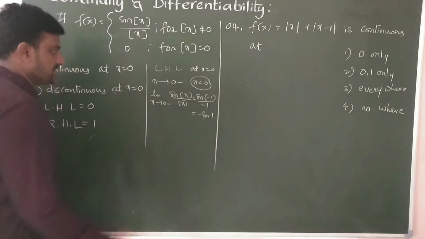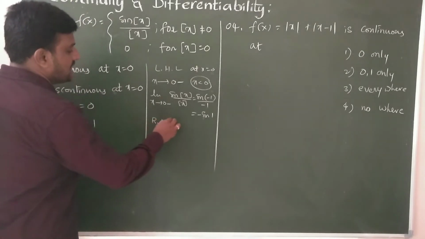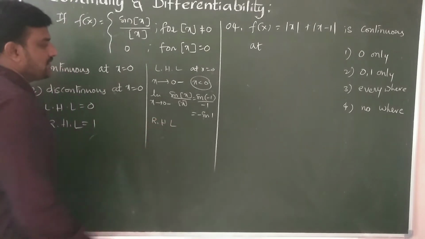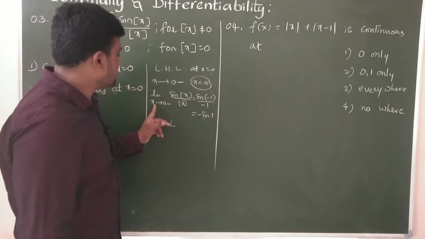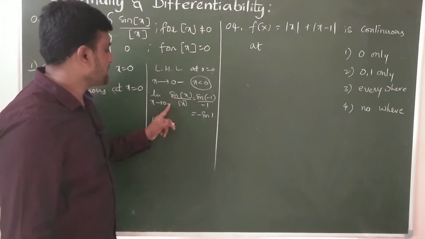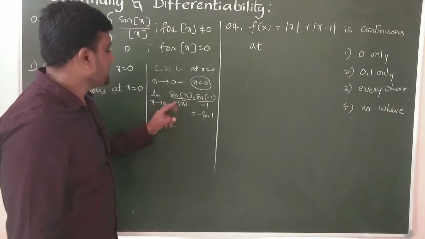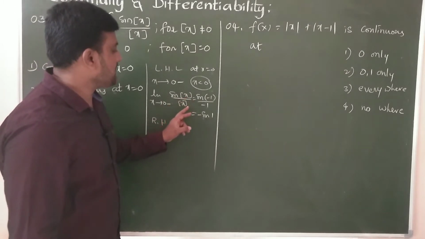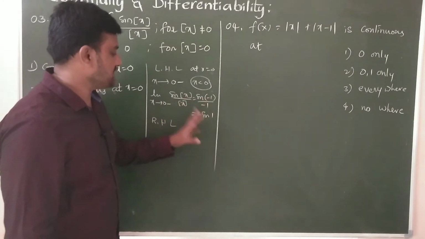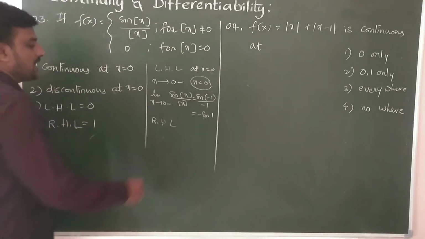Leave that. And for the RHL, at x tends to 0 plus, we have sin of step of x by step of x. Leave that. Then what about the RHL?